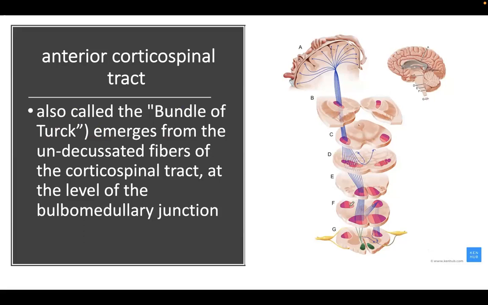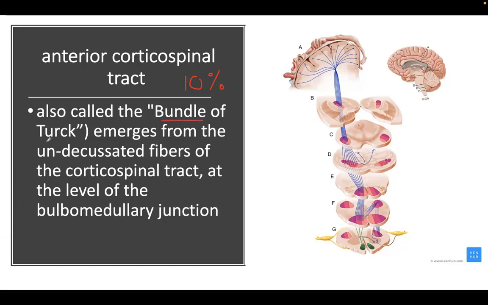So the anterior corticospinal tract, is it the one that stays on the same side, or is it the one that crosses to the opposite side? It is the one that stays on the same side. This is the 10% of the fibers of the corticospinal tract.